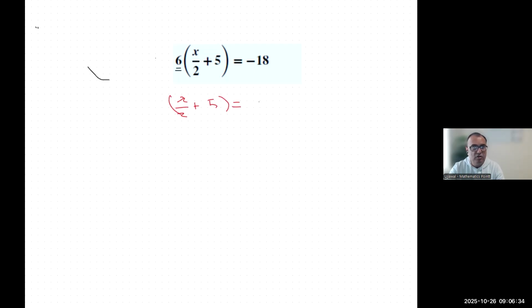I will divide it on both sides. So -18 over 6, this 6 and 6 is gone. Now what I'm left with is 6 times 1, 6 times 3, -3. So what I have is x over 2 plus 5 equals -3.